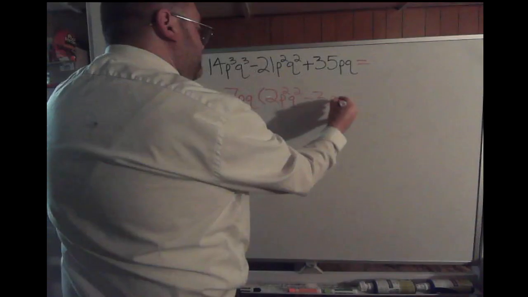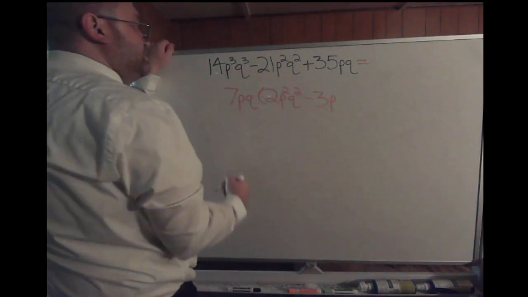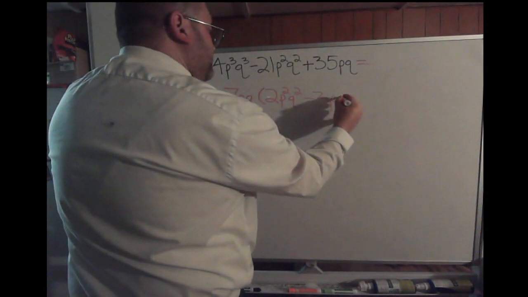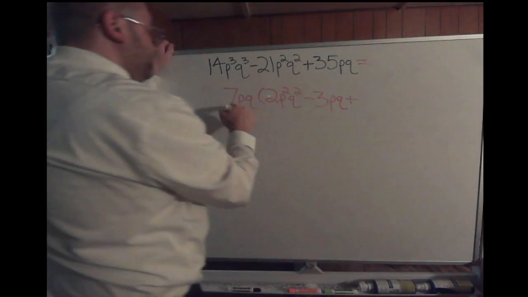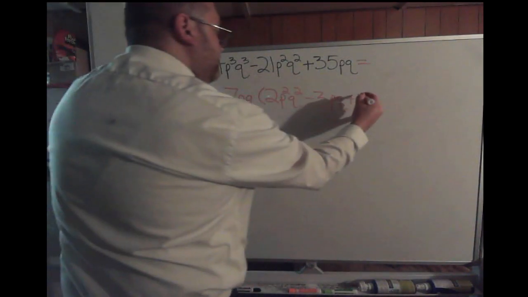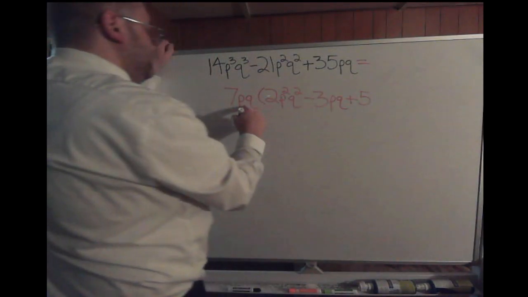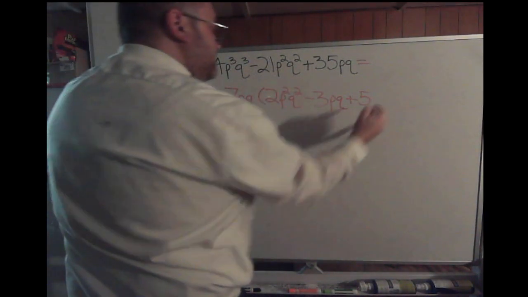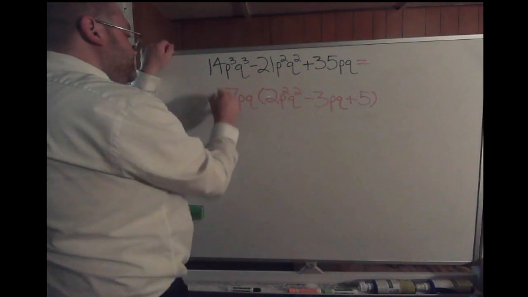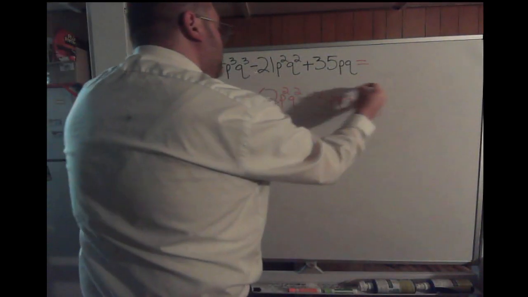That'd be p. Q times what equals q to the second? That'd also be q. Plus 7 times what equals 35? Well, that'd be 5. P times what equals p? 1. Q times what equals q? 1. So we've factored as much as we can for now.